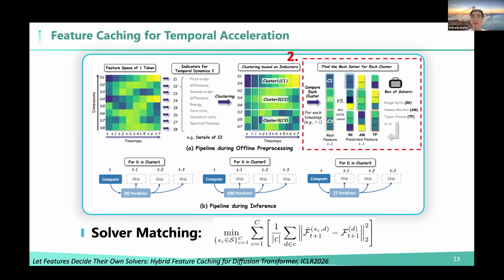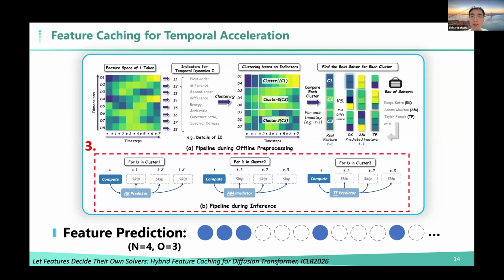For example, there are 10 solvers in our solver box, and we try to predict the next feature through our cached feature, and then compare this predicted feature to the actually computed DiT features and look at the differences. A smaller difference means the solver is more suitable for this cluster, and a larger difference means the solver is not suitable for this cluster. Eventually we assign the most suitable solver to each cluster.